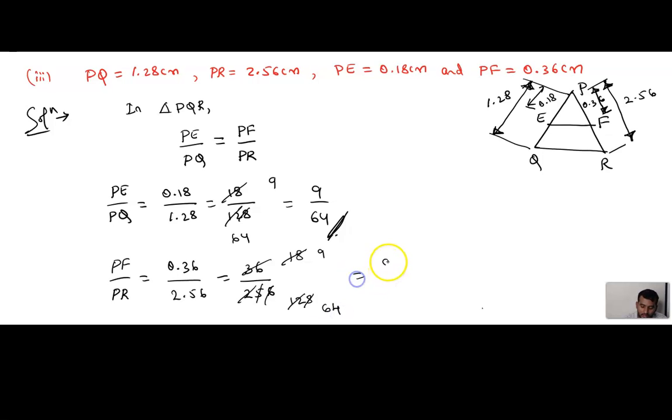So what is the answer we are getting here? What is LHS? 9 by 64. What is RHS? 9 by 64. Can you see this? So both the sides we are getting 9 by 64. So what can we conclude here?